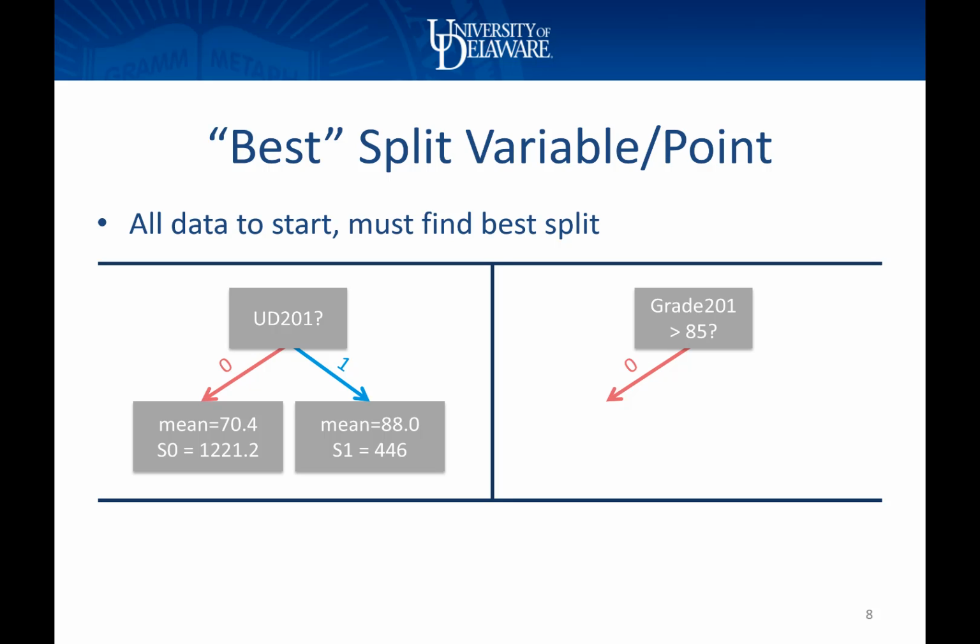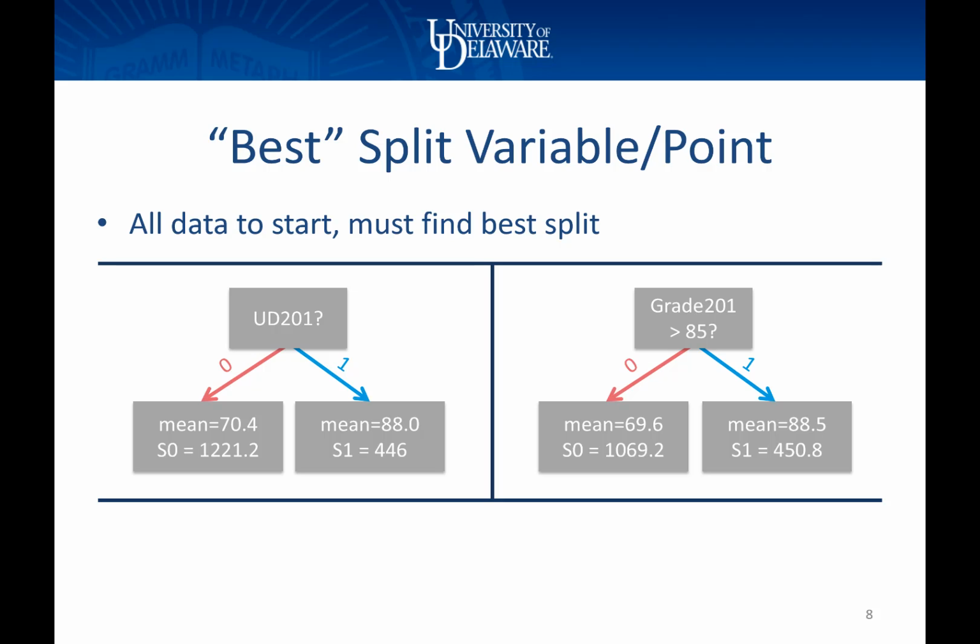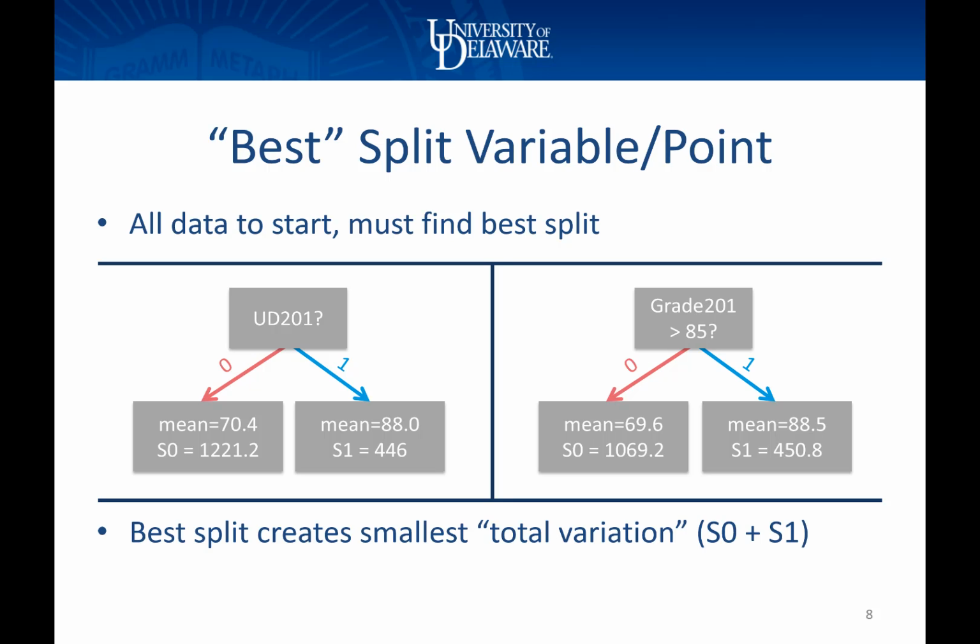If they did not score better than 85, so that's a no to the question grade greater than 85, then the average score in my class is a 69.6 and the variation is 1069.2. If they did score better than an 85 in 201, then the average grade in my class is an 88.5 with variation of 450.8. The best split creates the smallest total variation.